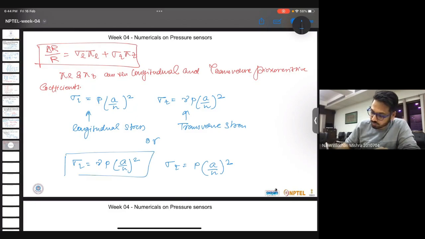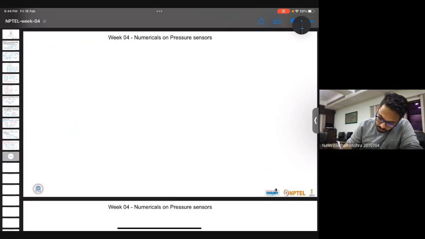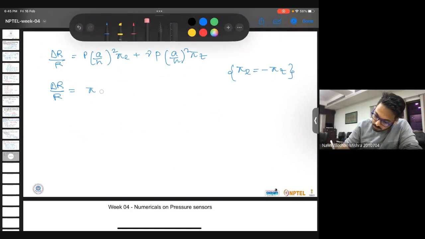Okay, so we'll see in the numericals how it works. So if we apply these things in this equation, then we'll get, here you can assume pi L is equal and opposite to pi T, and hence finally we'll have change in resistance by resistance equals pi L P a by h square, take it out, and 1 minus nu.